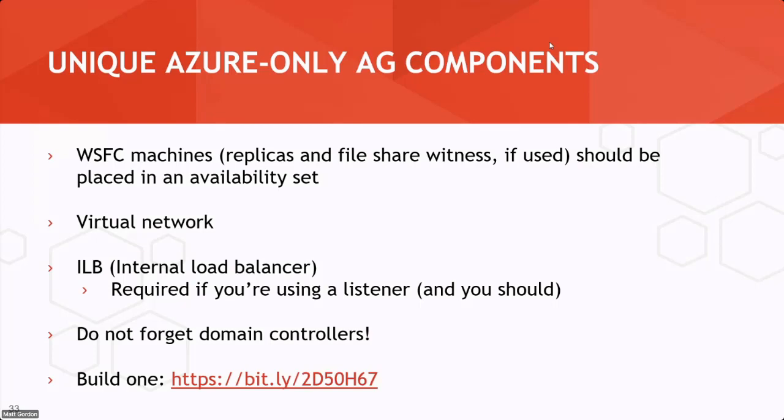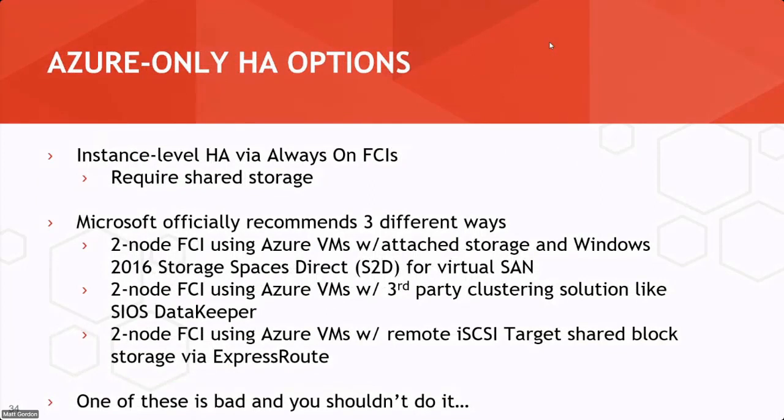So that's AGs. How do FCIs look up there when we do them in Azure? If you go to the Microsoft documentation, it will officially say, here are 3 different ways to do it. You've got a 2-node FCI using Azure VMs with attached storage, Windows 2016 Storage Spaces Direct, or S2D, for virtual SAN.